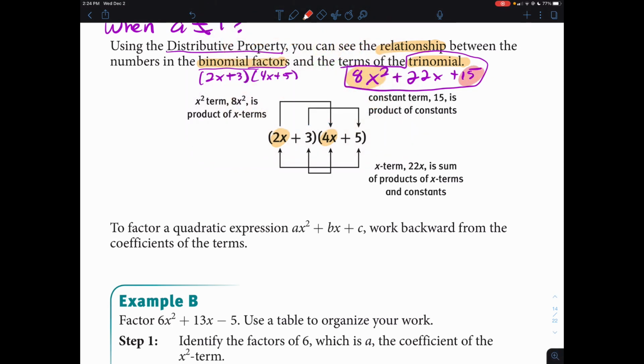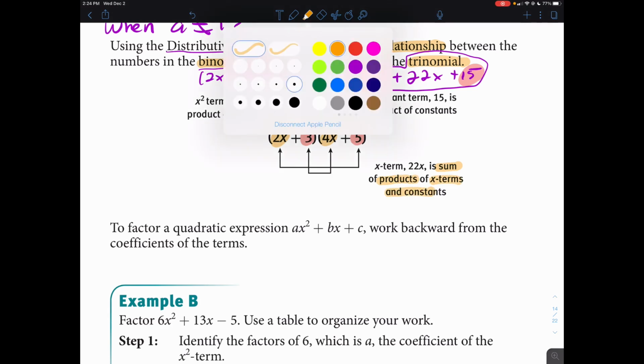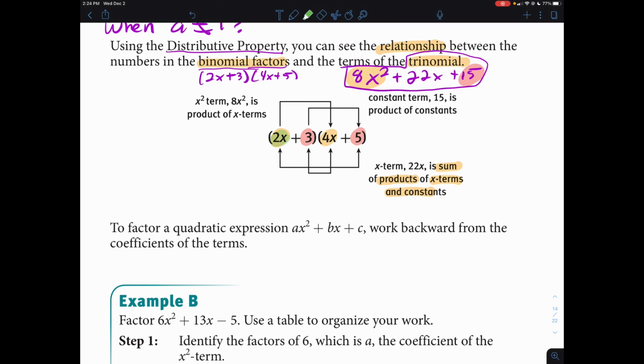The 15 came from the product of the constants. But then the 22 is the sum of the products of the x terms. So, after we multiplied them together, after we did 2x times 5 and 3 times 4x, that's where the 22 came from.